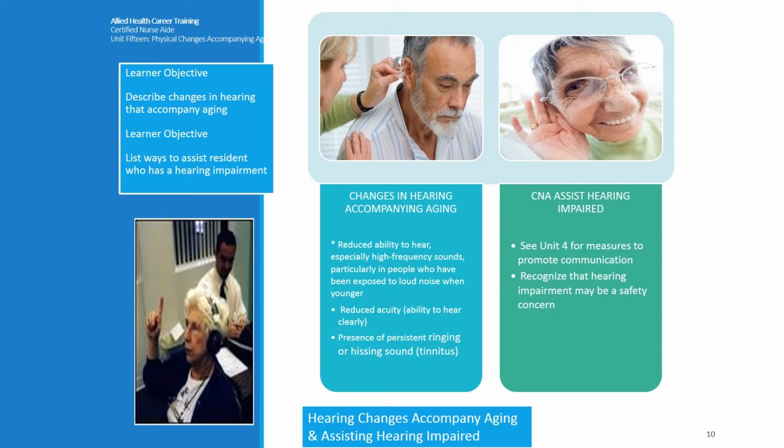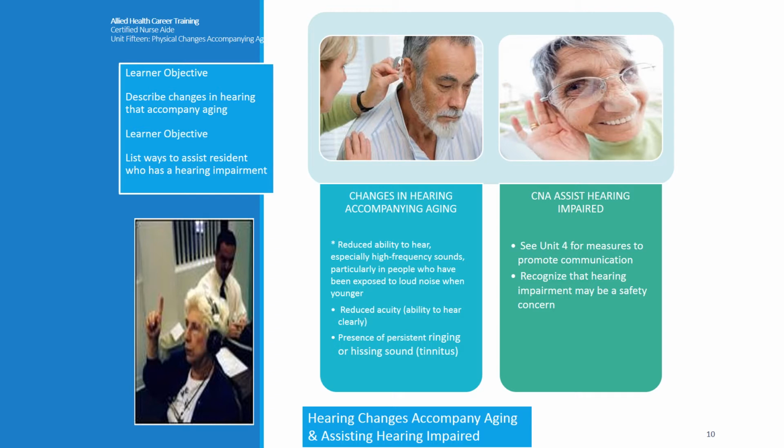That's tinnitus. That can happen a lot with older people, and it can be really difficult when they're trying to listen to somebody if they can't hear over the ringing in their ears. That can be very frustrating and annoying if it happens all the time.